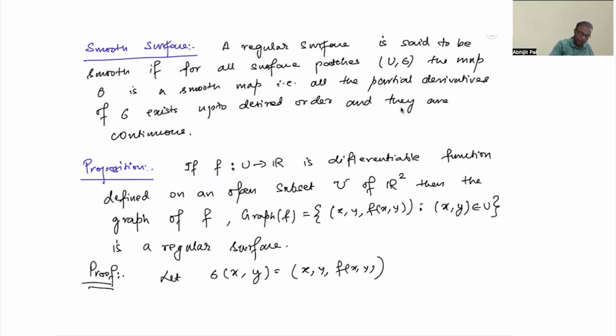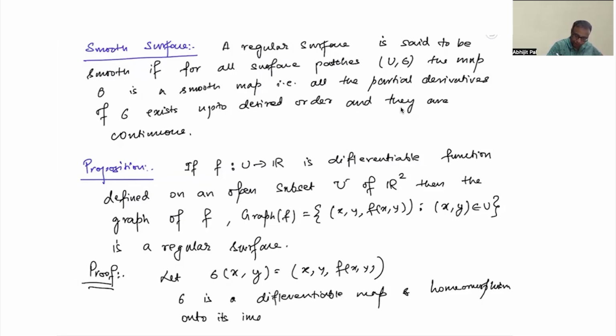Okay, and so this map sigma is a differentiable map and a homeomorphism onto its image.